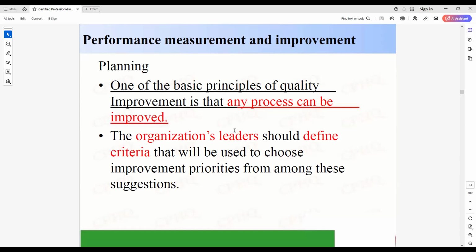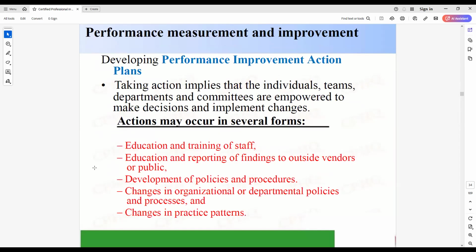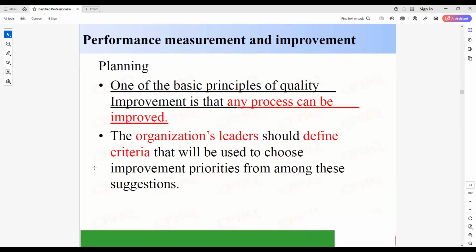So the organization leader should define criteria that will be used to choose the improvement or prioritize it amongst other suggestions. Last time we talked about how to prioritize improvements. Anyone remembers? Try to think.